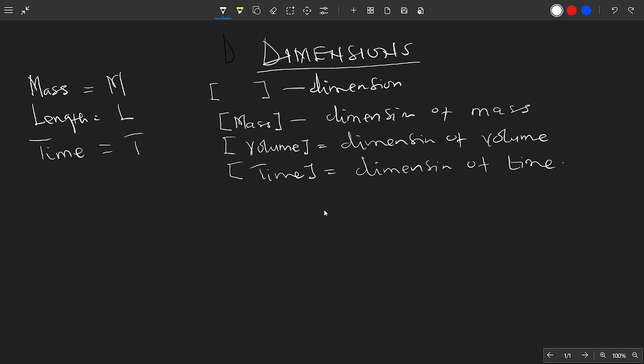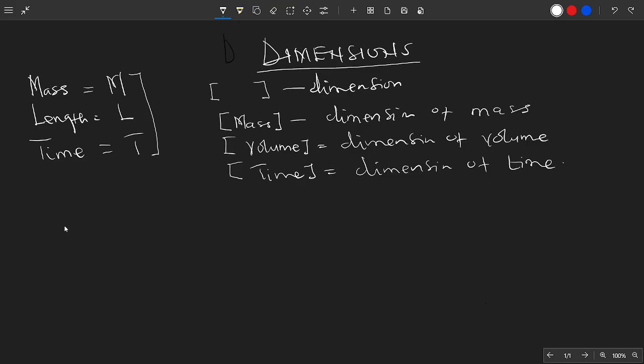So basically, these are the things we should note when we are talking about the dimensions of physical quantities. We base on these three fundamental quantities to derive the dimensions of other quantities.